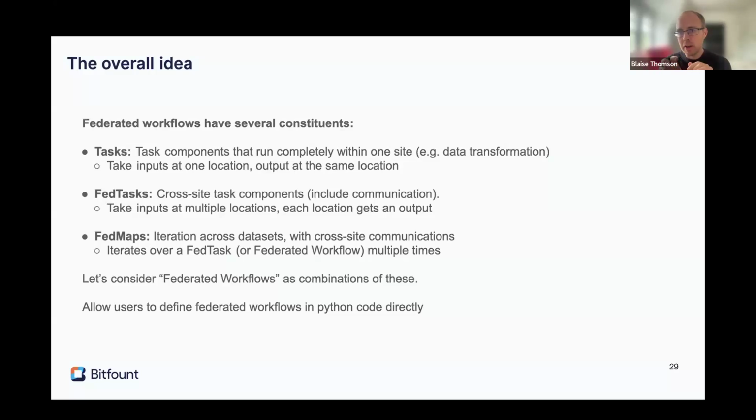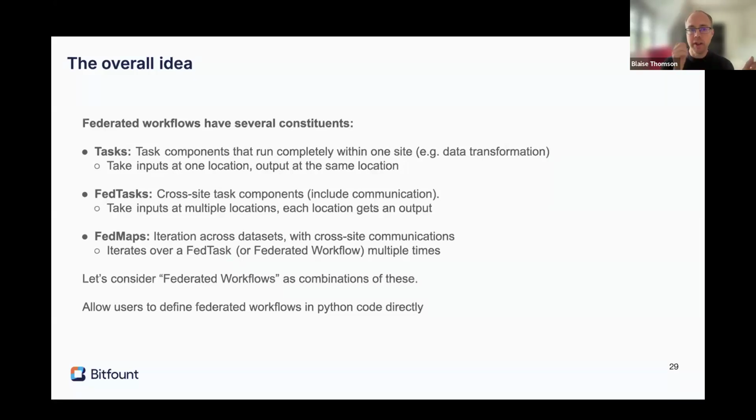And the task is going to run completely in one site. So for example, we might do the data transformation in that site. And the key thing is it takes inputs at that one location and it outputs data also at the same location. But unlike in a normal workflow tool, we're going to have another concept, which is a fed task.